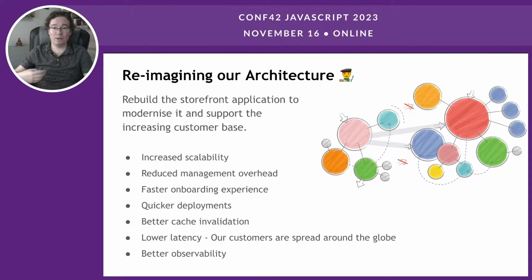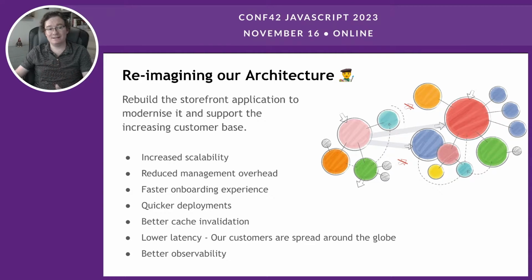And also, we wanted to have an architecture that would allow us to have quicker deployments and also a faster onboarding experience. We also wanted to reduce the latency of our customers. We had customers spread across different regions in the globe. We have many customers in South America, US, and also a few in Europe.